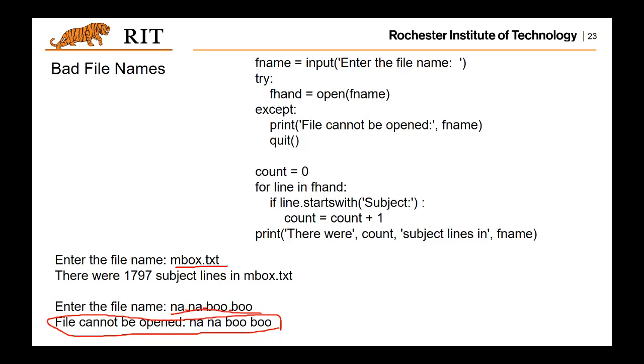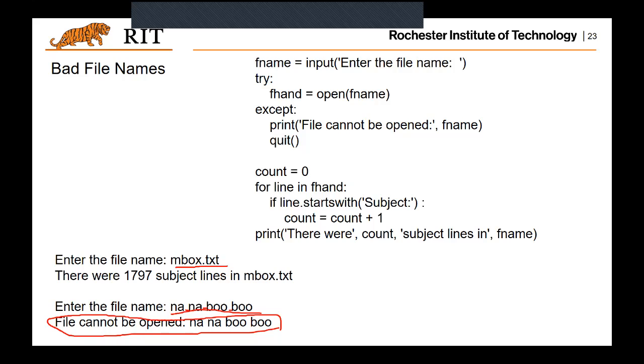And also, in order to improve the robustness of file reading, you want to use the try except statement. So if there's something wrong with the file name or the file itself, this will not kill the program and exit it instantly.